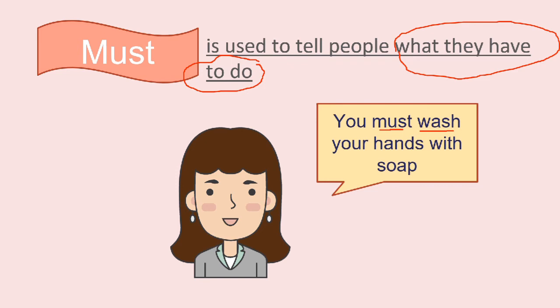And then you itself here, it means everyone who are watching my video or who are listening to my words. Okay? Get it? Now let's move to the next slide about mustn't.